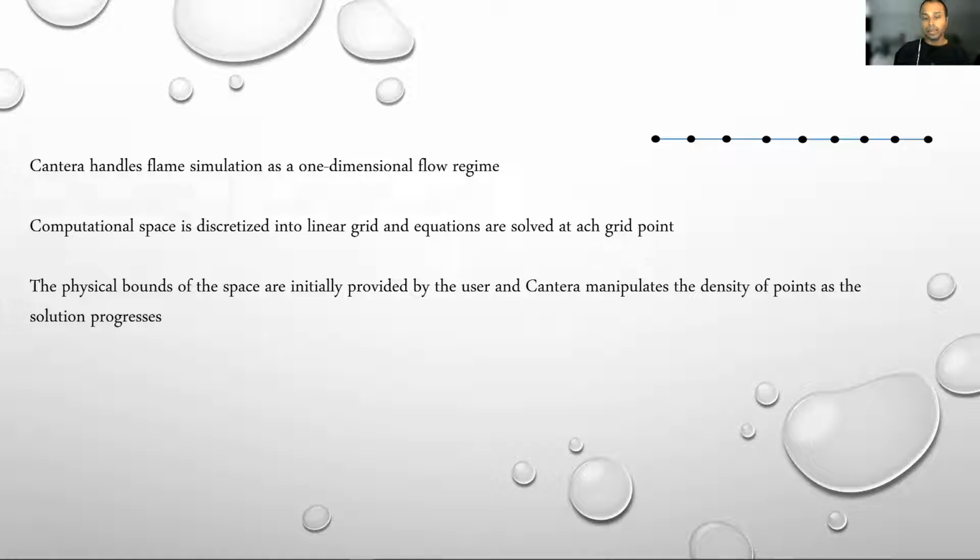And as the simulation progresses, at each of these grid points, the flow equations are solved. And as the simulation progresses through time, Cantera keeps looking at gradients of various flow parameters.